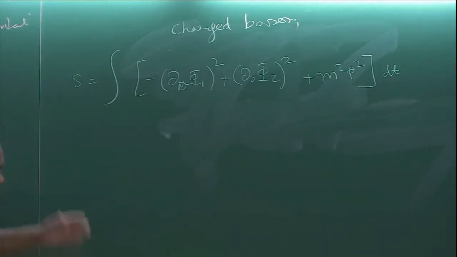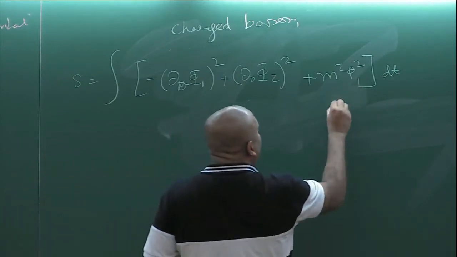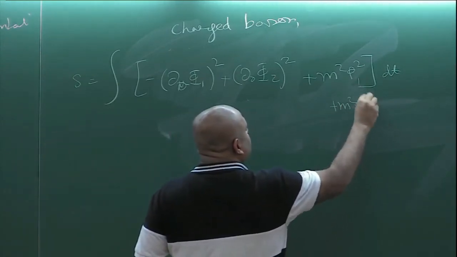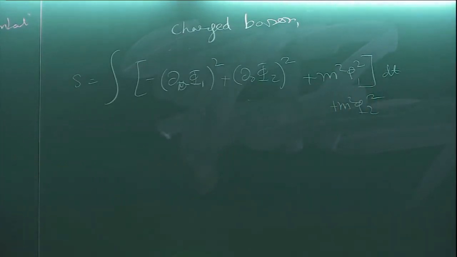It is just a one-dimensional charged boson, where phi1 and phi2 are two components, so it is basically a complex field.